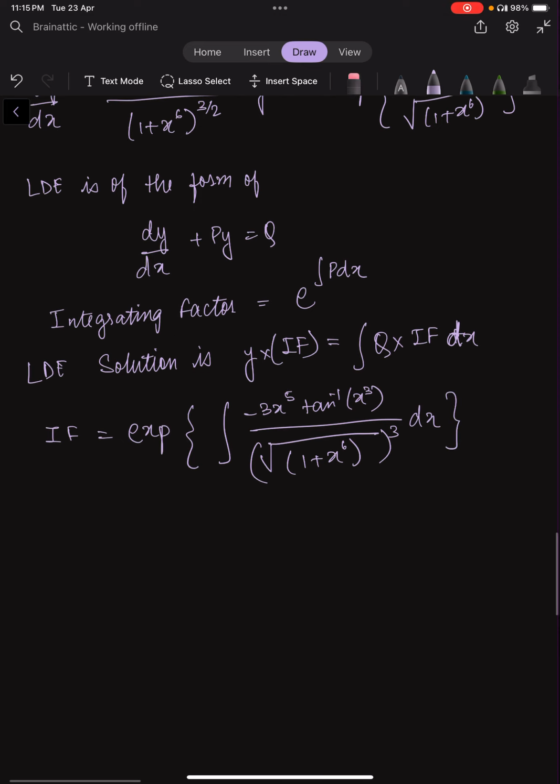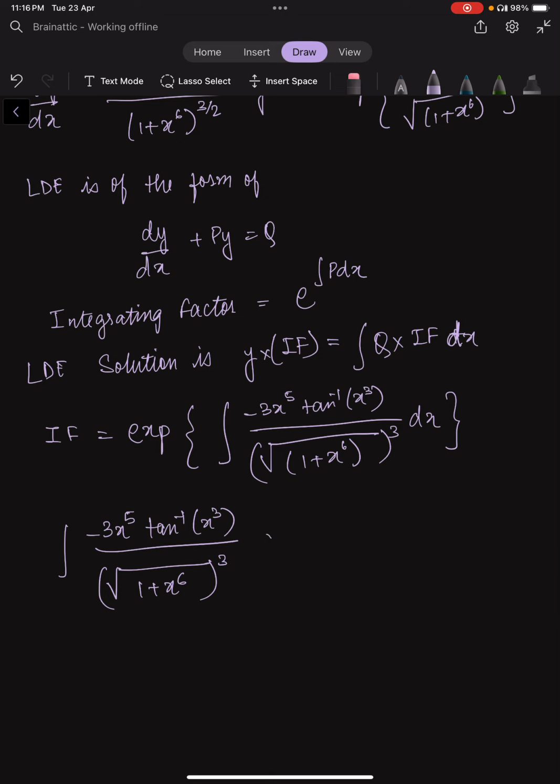To solve this, we'll first focus on solving this integral. So we'll take this integral out and write it as the integral of minus 3x power 5 tan inverse x cube divided by (1 plus x power 6) power 3 by 2 dx.